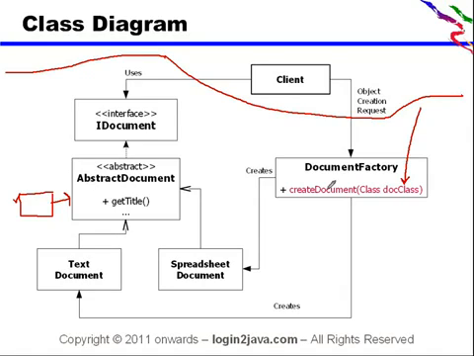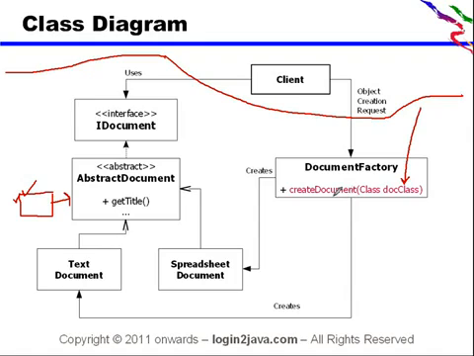How does it work? While creating the object, we ask the document factory to create the document, and we pass the class object of the Word document class. Inside this create document, first it will check whether it implements iDocument. If it is not implementing it, it throws the exception not supported document.